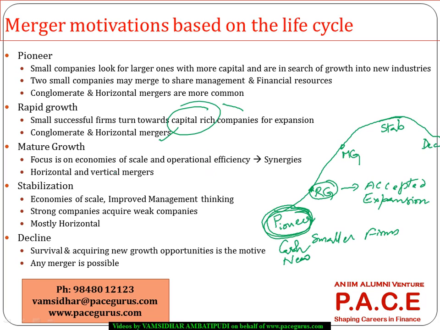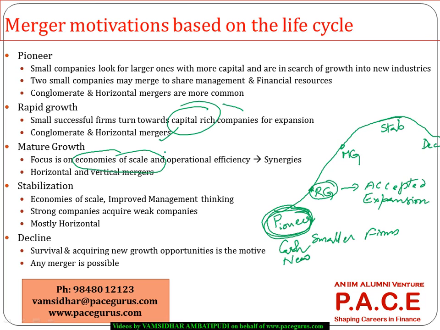But when it comes to mature growth phase, more or less the operations are consolidated. The rapid growth will not be there. Though the growth is there, it would be a normal growth. So in those cases, the focus is on consolidations and economies of scale, right? The competition will still exist. Not everyone is wiped off, but the competition is still existing.